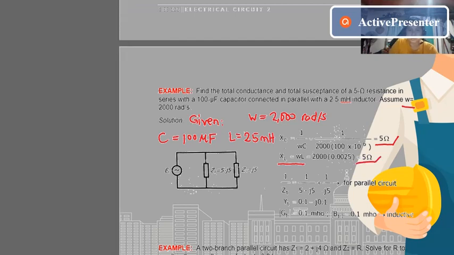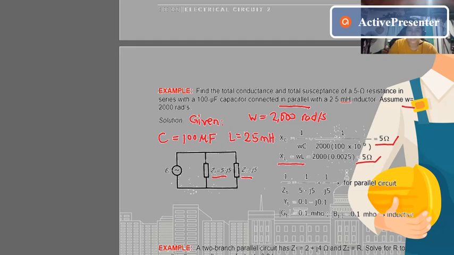Since the problem says it is connected in parallel, we need to solve for our impedance. So for the total impedance, since it is parallel, 1 over ZT is equal to 1 over 5 minus j5.